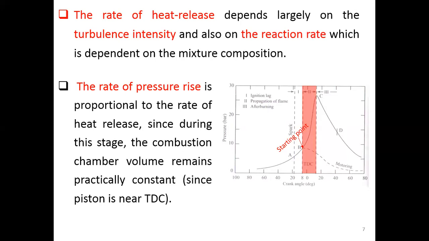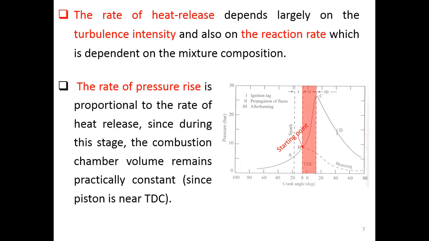Because, as we already mentioned in the previous lecture, we would like this peak pressure to get closer and closer to the top dead center. This is what we want, and theoretically it happens like this, but practically it never happens.